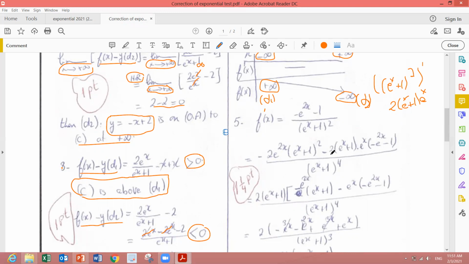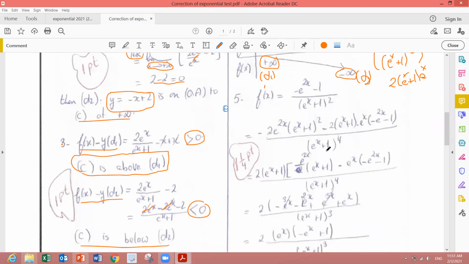So this is v prime times u, minus (e power 2x minus 1) over (e^x plus 1) to the power 4. I take 2(e^x plus 1) common.